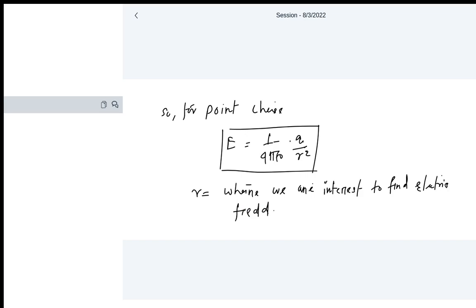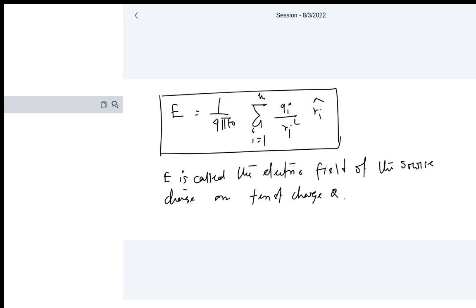If a capital Q charge is present at distance R, then we find the electric field on a plus Q charge. So this is the electric field for a single point charge, and the earlier one is the expression of the electric field for a number of source charges.